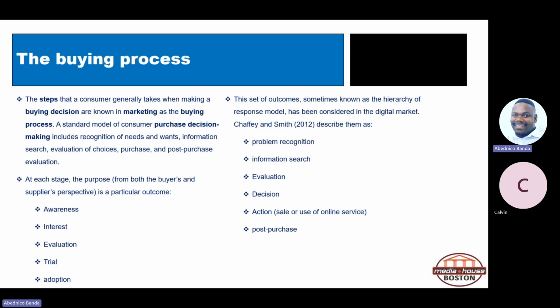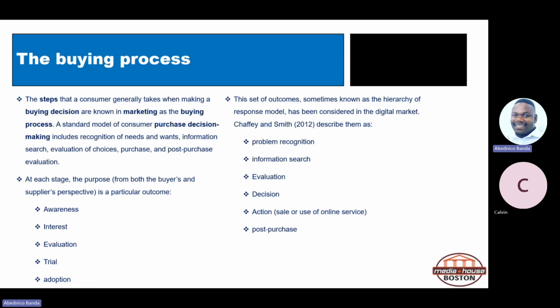So they are not just aware that you have got bread as Albany, or as Sasco, but you also want them to be interested in that bread. You also want them to evaluate and favorably pick you as Albany, and you want them to try it, test it. Once they've tried it, you want them to adopt it to become a daily bread that they can get from you.